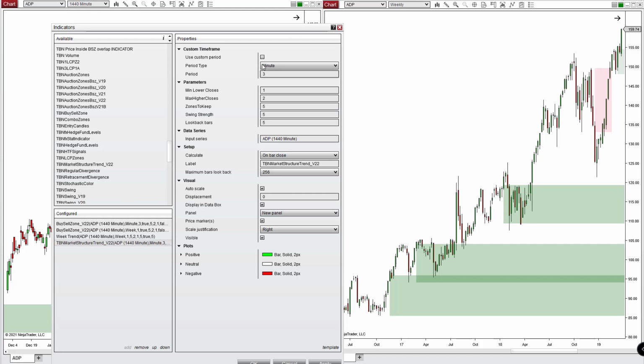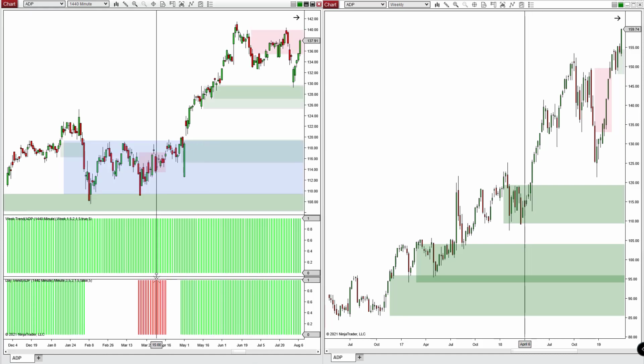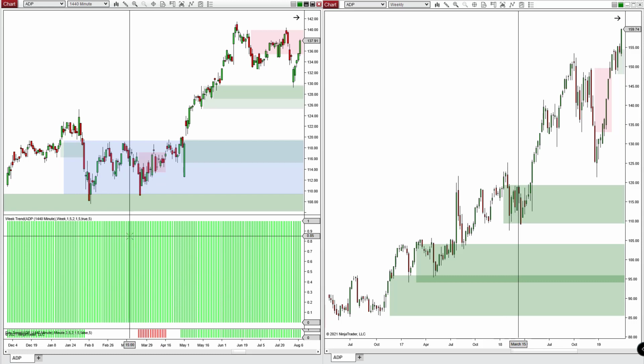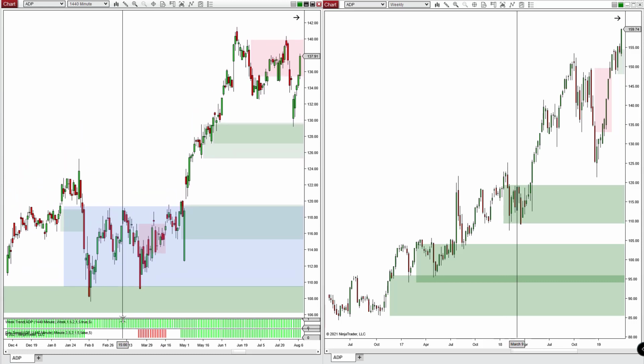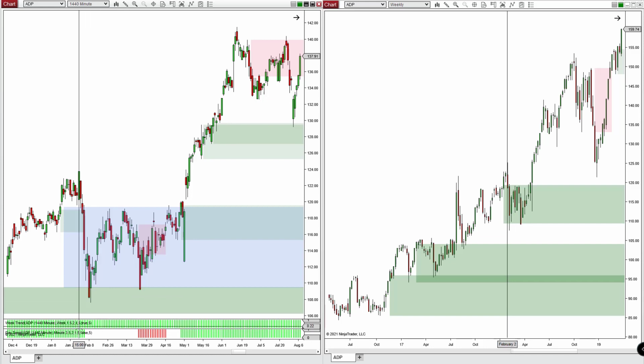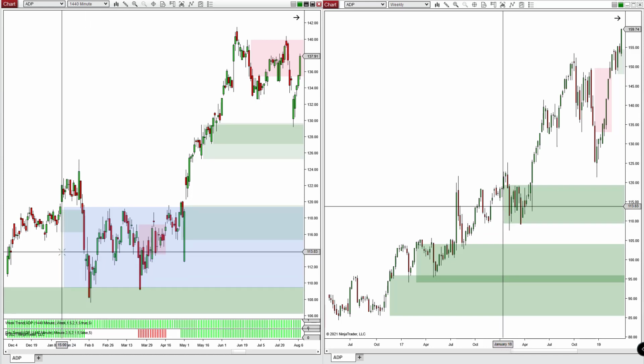We don't need a custom period because we're going to keep the period that we're on. It's going to be day trend. Apply that. So now we have the weekly trend on the top, the daily trend on the bottom, and we also have the weekly zones.